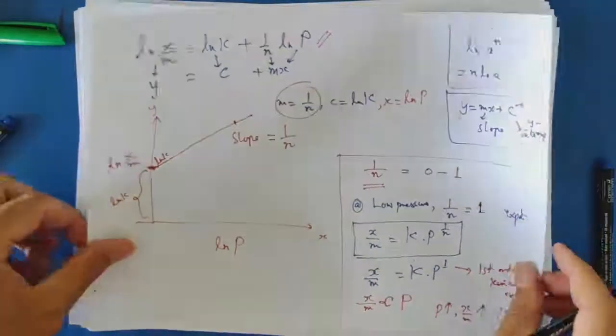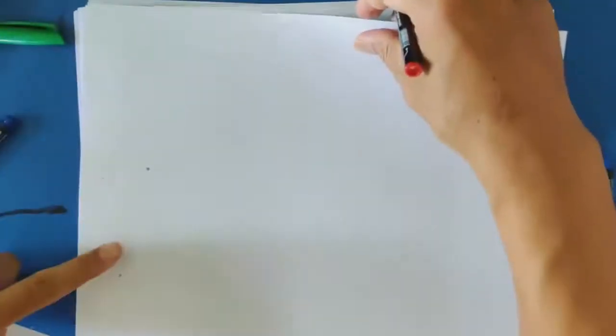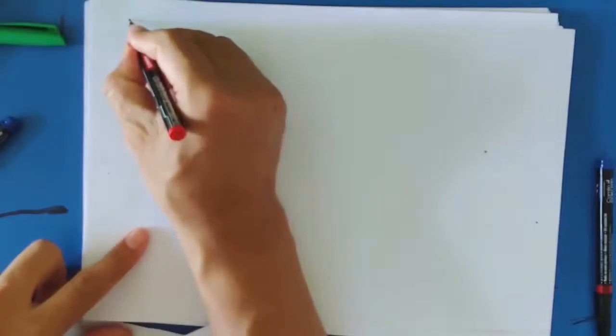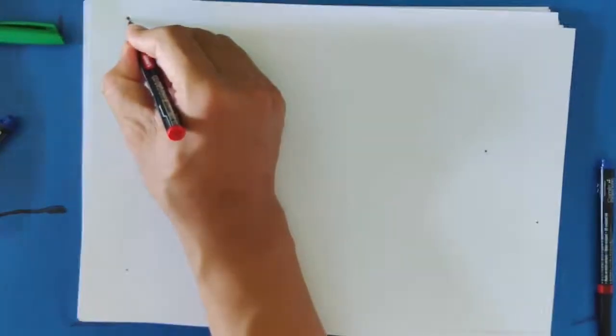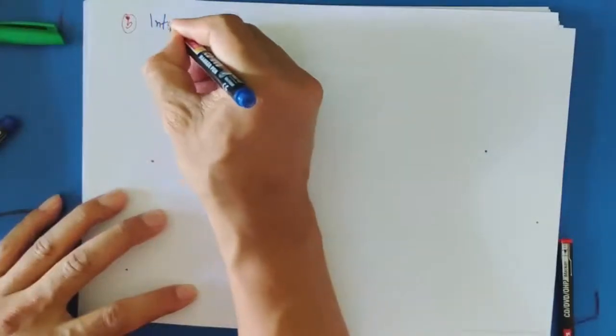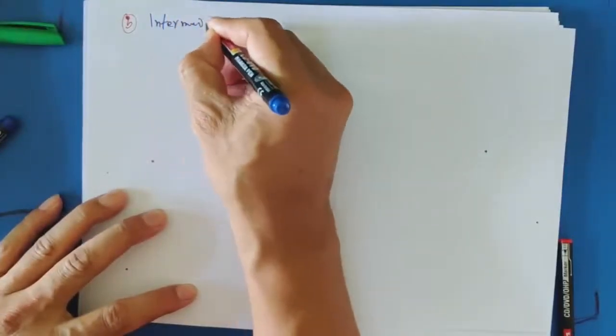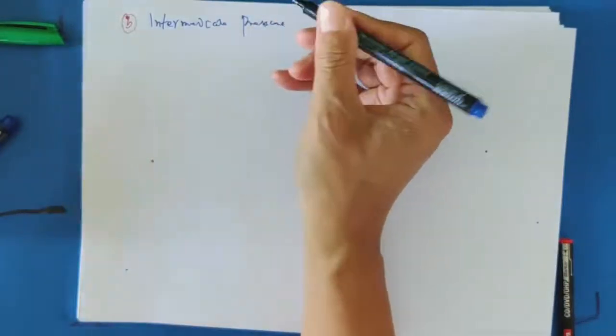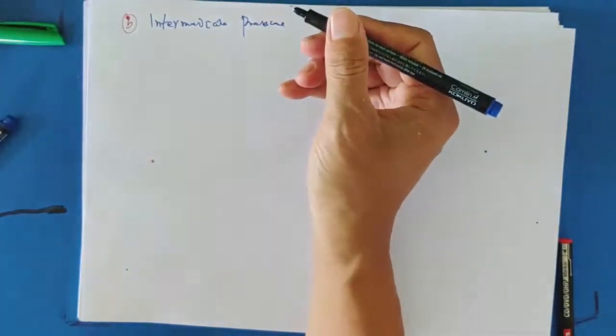Intermediate pressure. Let's see. Second point, B, intermediate pressure. At intermediate pressure, what happens to the value of 1 by n?